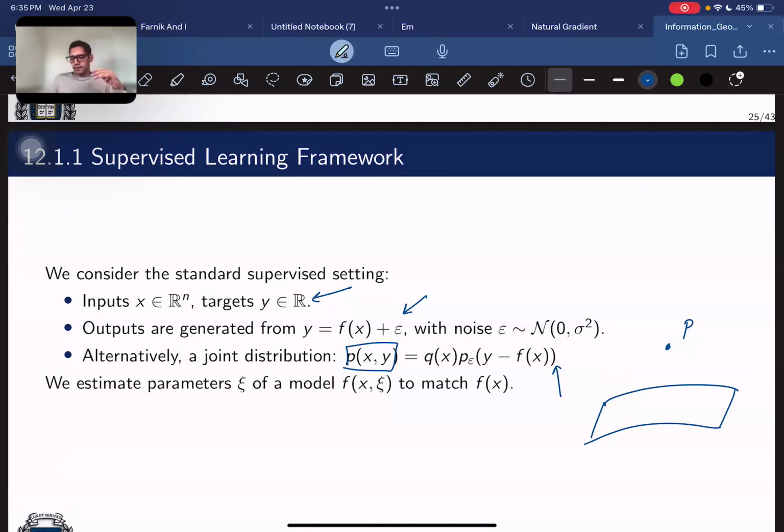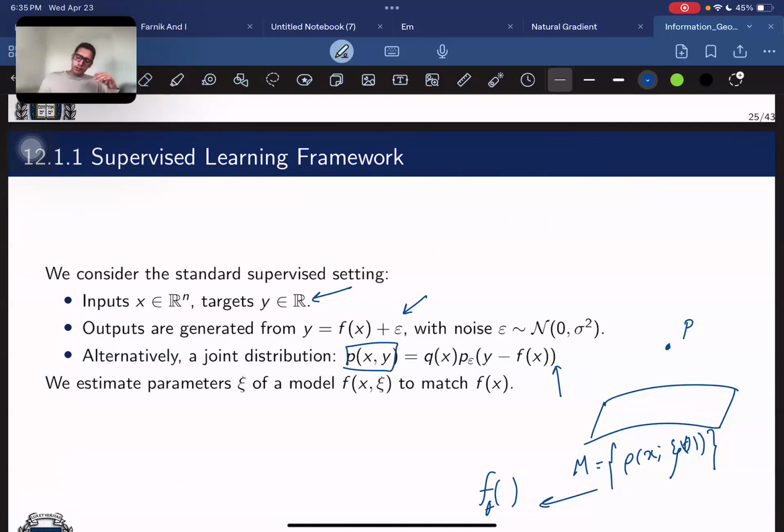This is the space of all distributions. Essentially, you can parameterize it by parameterizing the function with theta.